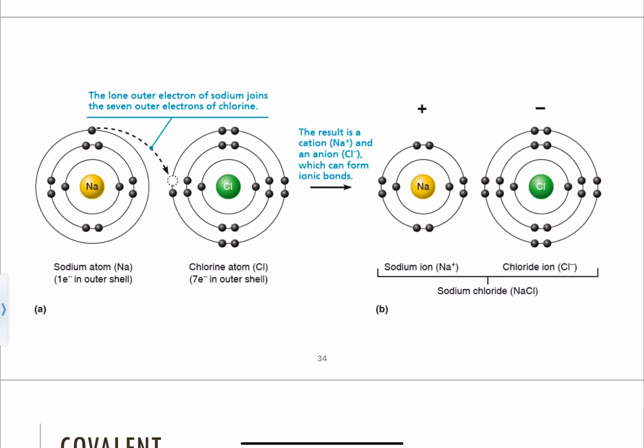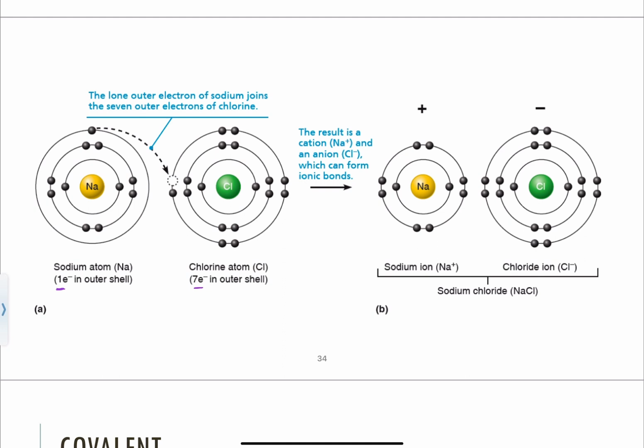So if we looked at this, sodium has 11 electrons. In this case, we have a lone electron out in its valence shell. Chlorine atom, if we look at that, its valence shell has 7 electrons in its outer shell. All of these atoms are going to react with each other until they're stable, meaning that they have a full valence shell.